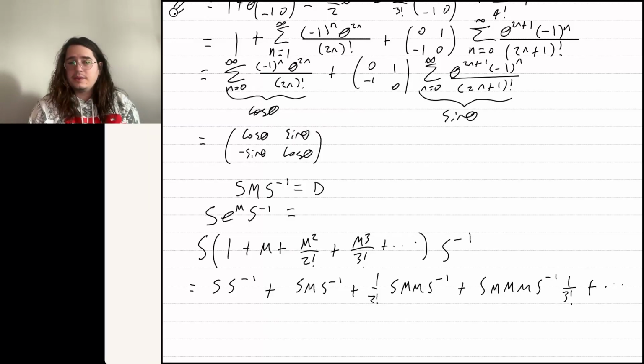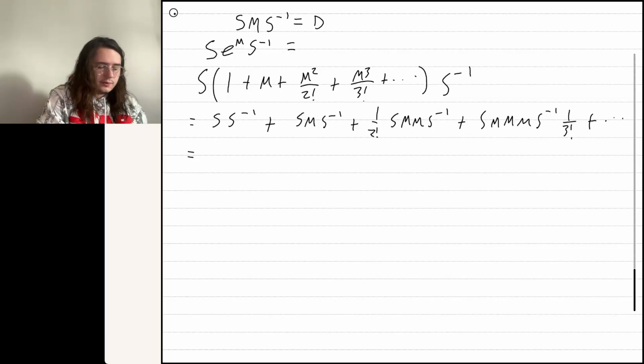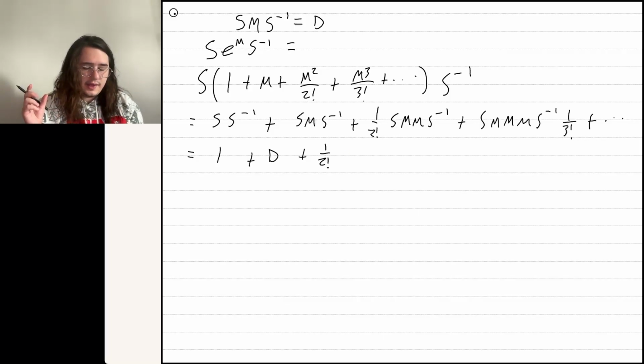The way that I wrote the squared term and the cubed term like that is because you can insert S inverse S in between the M's, because S inverse S is equal to 1.